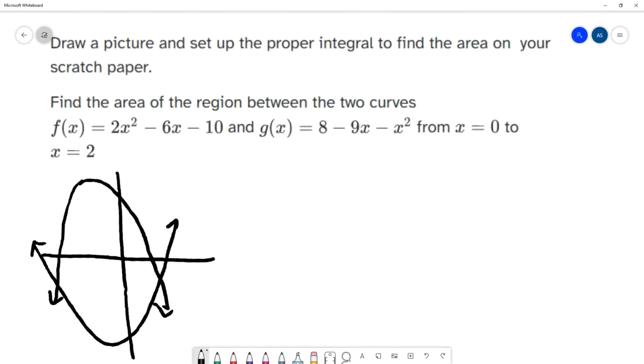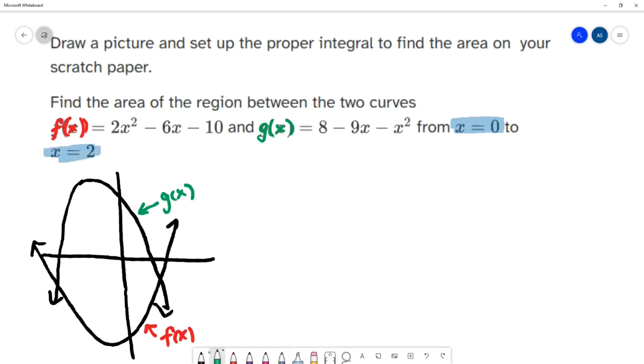And we know that our top curve here is our parabola that's facing down. That's g of x. And our bottom curve is the one that's facing up. That's the f of x. And we're interested in finding the area between these two curves from x equals 0 to x equals 2.